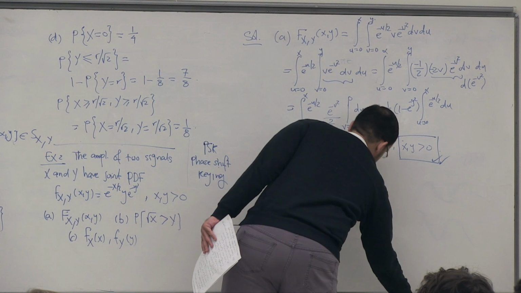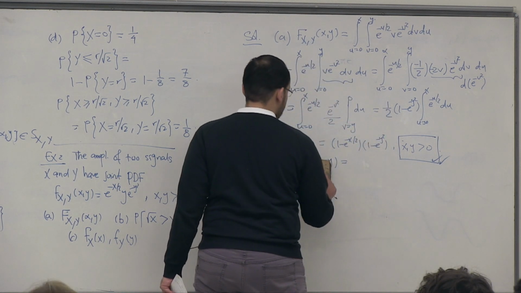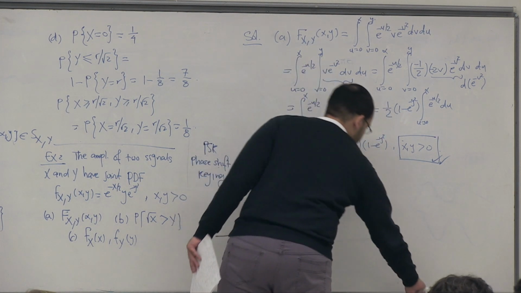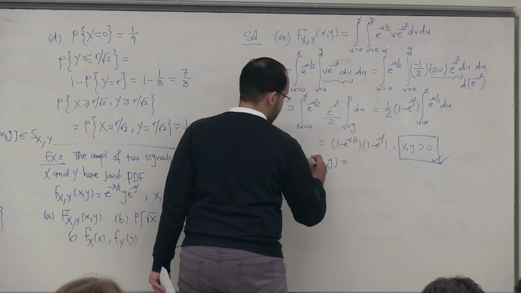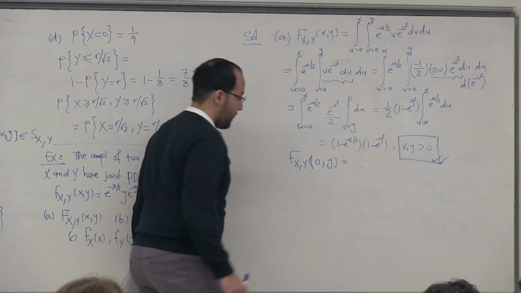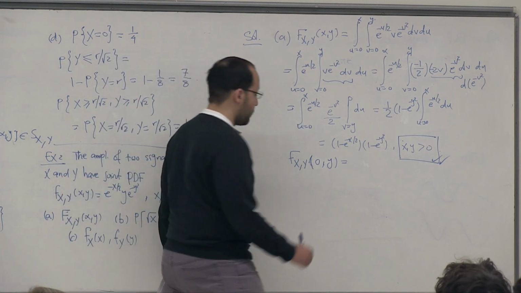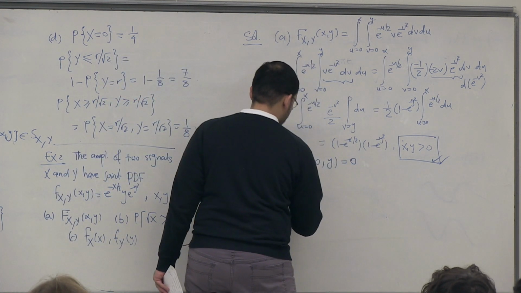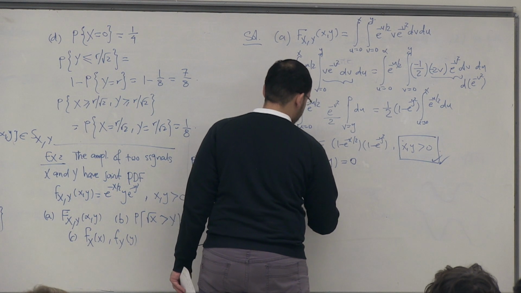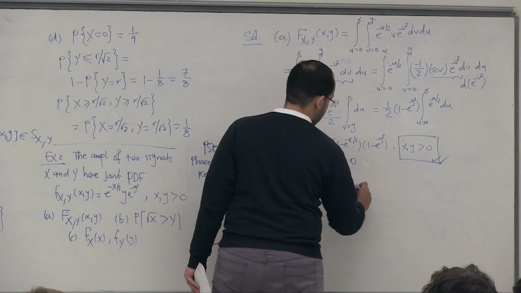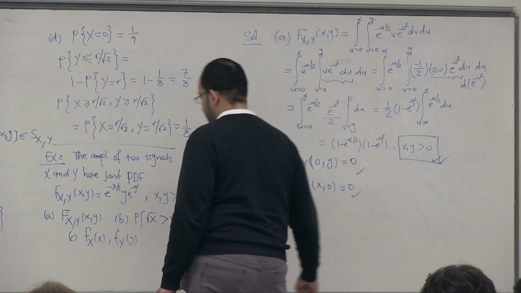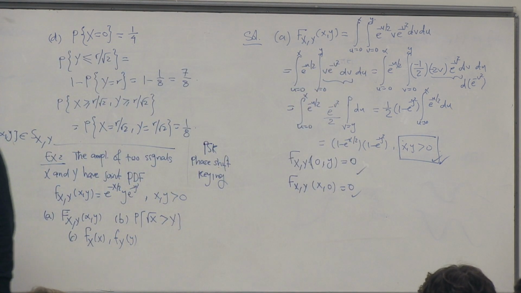So the alternative value we should check is, what is the very first point? It is 0 itself. Will F_XY(0, y) give us a 0? Absolutely. And the same for F_XY(x, 0), which will also give us a 0. All right? Good.